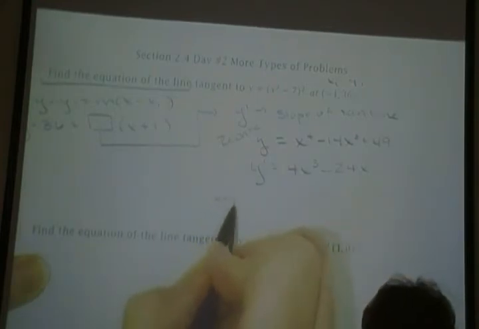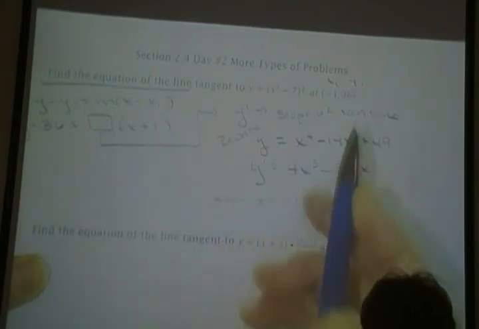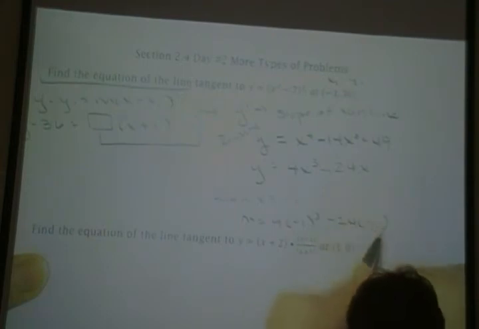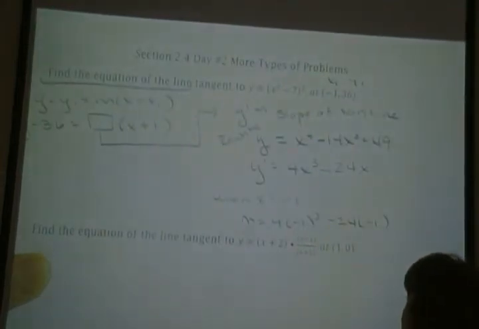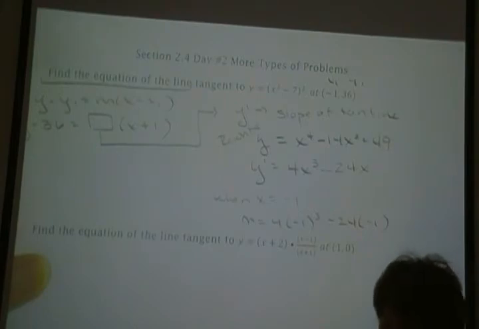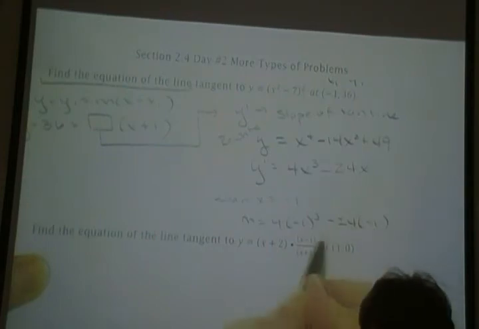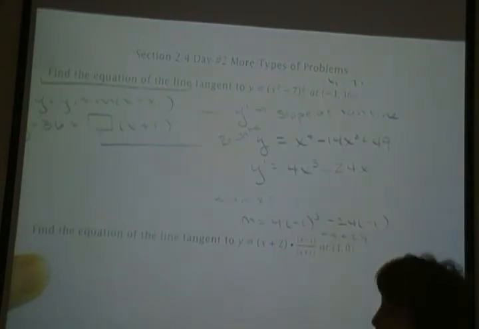And so that derivative is going to help us figure out this slope. Because when x is -1, which is the point that I'm talking about, the slope will be 4 times -1 cubed minus 28 times -1. And so it will be -4 plus 28, which is 24.